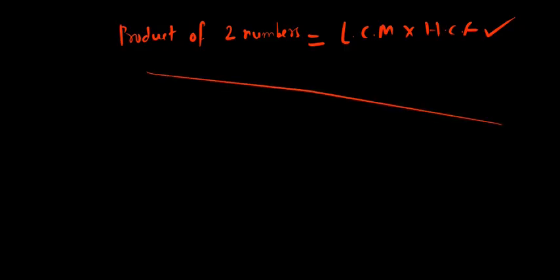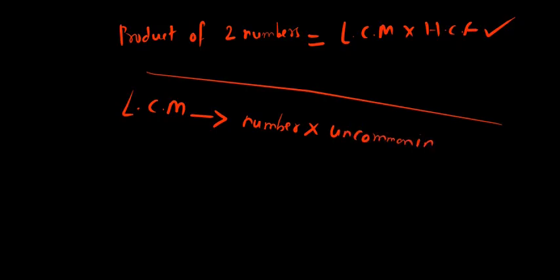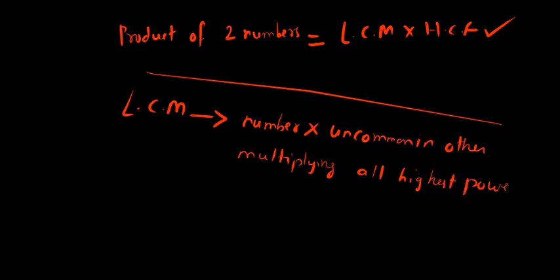LCM means a number multiplied to its uncommon in the other number, or multiplying all highest powers. If 2 power 5 and 2 square both are there, 2 power 5 is the highest power, so we multiply 2 power 5 into some other.